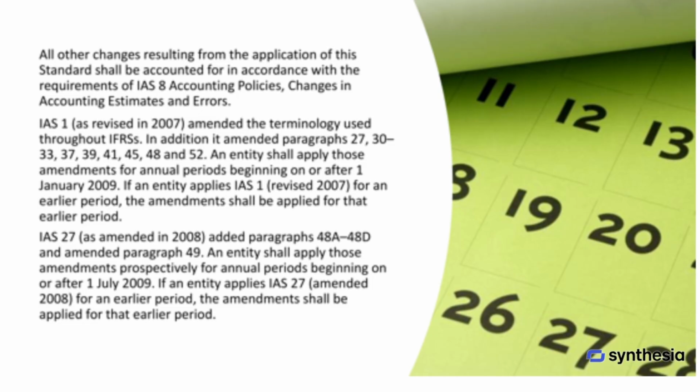If an entity applies IAS 1, revised in 2007, for an earlier period, the amendments shall be applied for that earlier period. IAS 27, amended in 2008, added paragraphs 48A to 48D and amended paragraph 49. An entity shall apply those amendments prospectively for annual periods beginning on or after July 1, 2009. If an entity applies IAS 27, amended in 2008, for an earlier period, the amendments shall be applied for that earlier period.